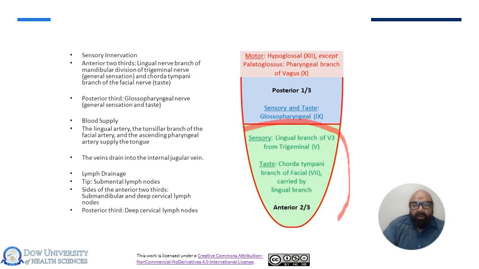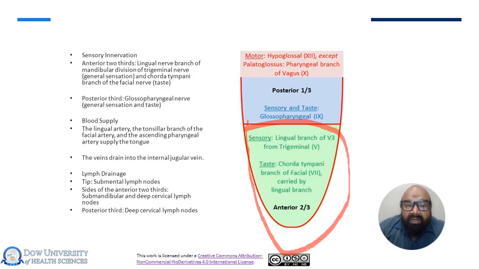So this is the anterior part of the tongue, and this is the posterior part. The anterior two-thirds of the tongue has its sensory innervation from the lingual branch of the trigeminal nerve, and this is the general sensation, while the sensation of taste is carried by the chorda tympani branch of the facial nerve, which is the seventh cranial nerve.